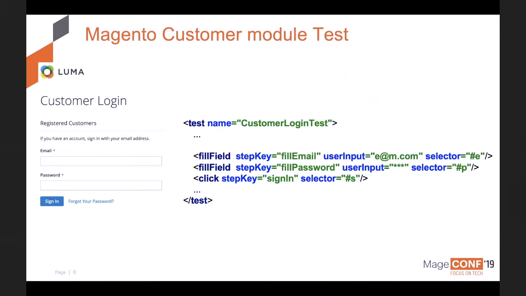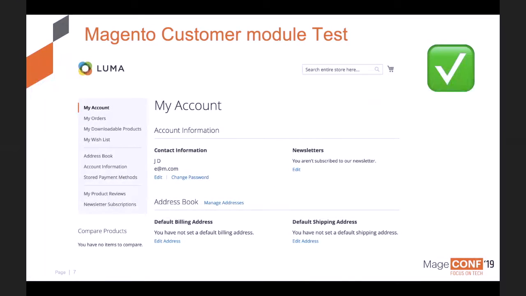And you will understand why later. What this test will do is first fill the email field, then fill the password, then click the sign in button. This is a vanilla Magento test we distribute with our code, and obviously this test will pass. Nothing specific should be written for this case.